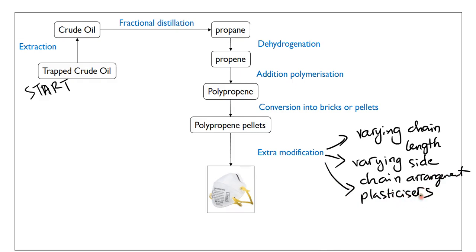You can do either of these three things or all three, and that will give you a range of polypropylene fabrics that you can use to make your specific products, such as the N95 mask or anything else. I think that's the end of this video.